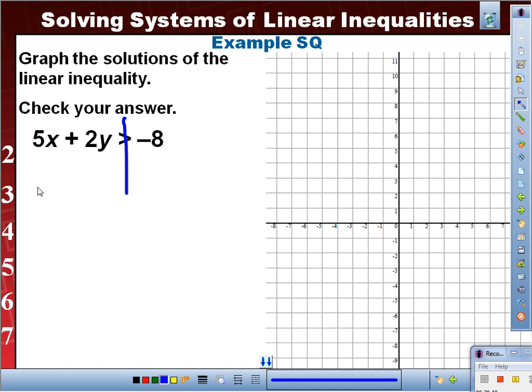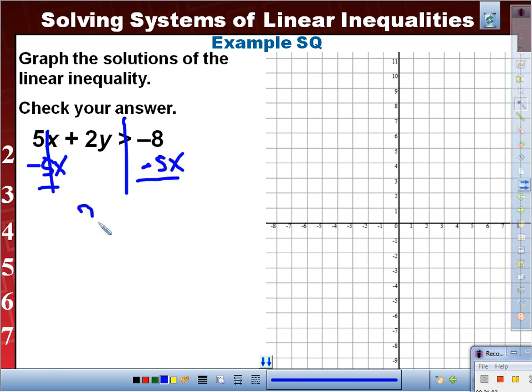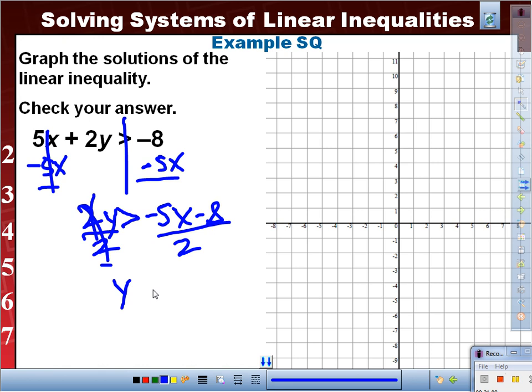Subtract 5x from both sides. Then we write 2y greater than negative 5x minus 8. Then we divide by 2. Y is greater than negative 5 over 2x. We leave it as a fraction. What is negative 8 divided by 2? Negative 4. Do we know how to graph this? Yes. Everybody with me so far?